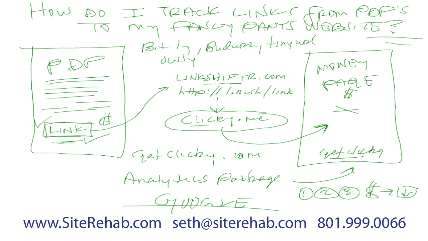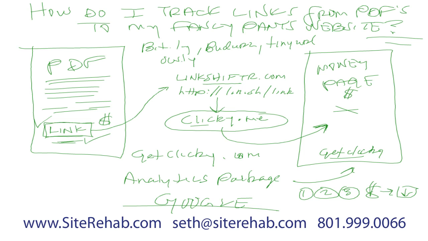You know that data instantly in doing it this way. This is the only way that I know of that you can actually track the visitors all the way through your website from the time they click on the PDF and watch them real time, spying on them on your website. It's brilliant. It's completely brilliant, and it's almost free. This is the kind of data that just makes you happy sometimes.